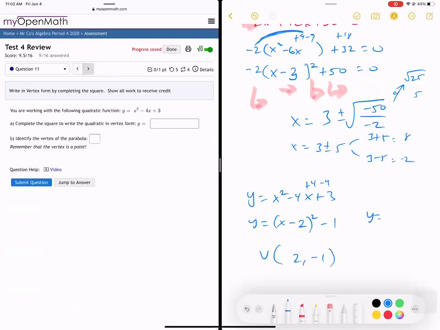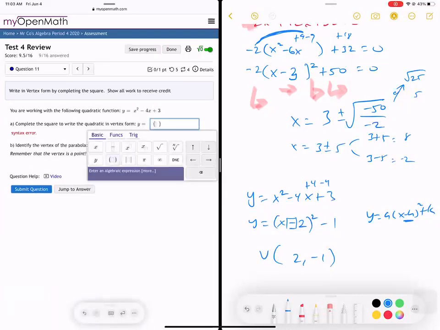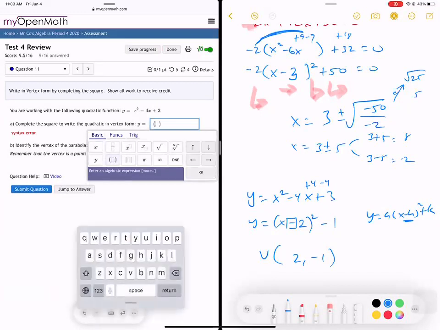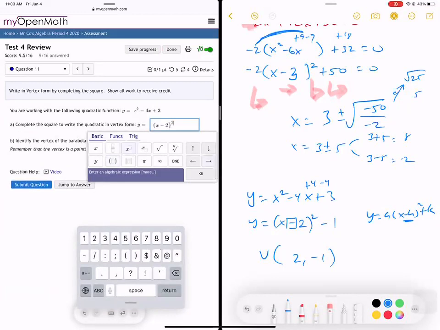Remember, it's y is equal to a, x minus h squared plus k. So the h is already negative, right? So you want to leave that negative here. Don't touch, just look. Parentheses, x minus 2, squared, minus 1.